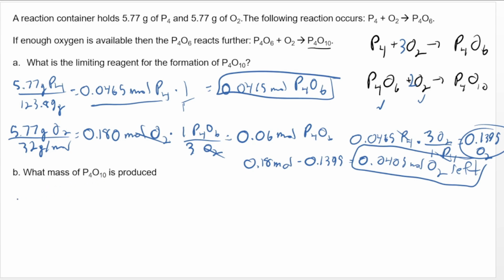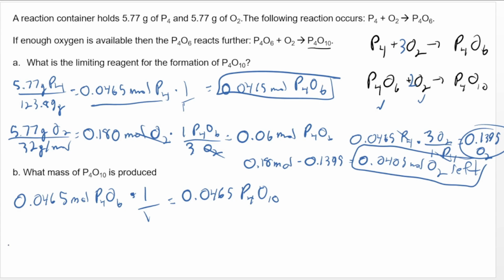So let's start with the P4O6 first. We have 0.0465 moles of P4O6. That reacts in a 1-to-1 ratio, so every 1 P4O6 creates 1 P4O10. That's going to equal 0.0465 of P4O10.